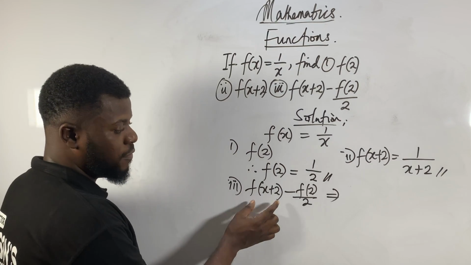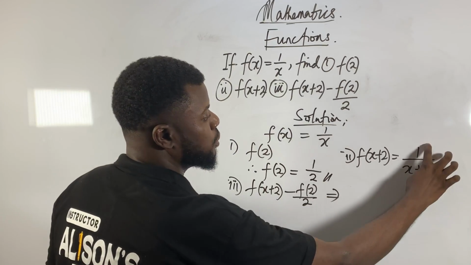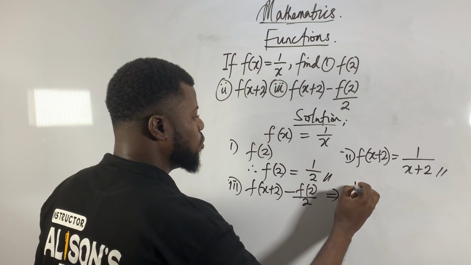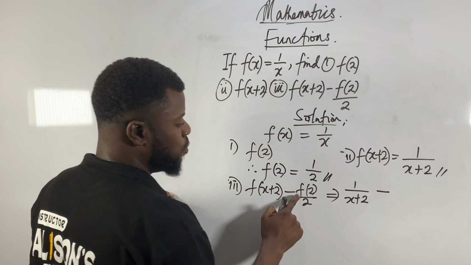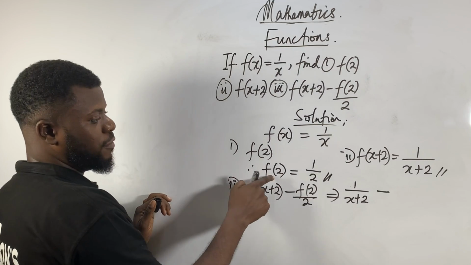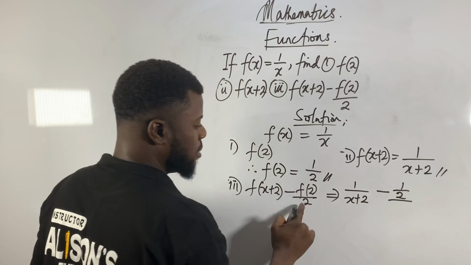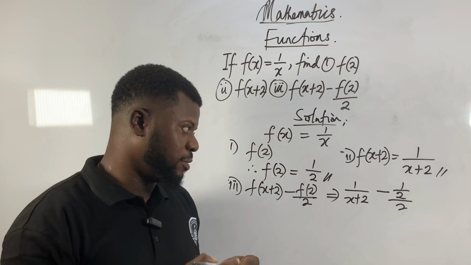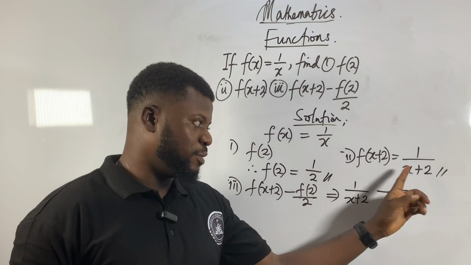F of x plus 2, function of x plus 2, see the result here. That means in place of this one, I'll just carry this guy, photocopy, put 1 over x plus 2 minus, waiting be our f of 2. We don't find f of 2 already as 1 over 2. 1 over 2 over this particular 2. Maybe the final answer. You know, if you see something like this, maybe fraction. Even this one will be 1 over 2.